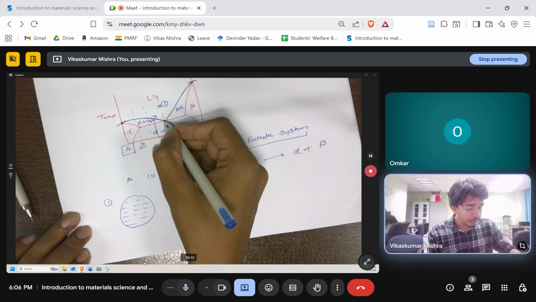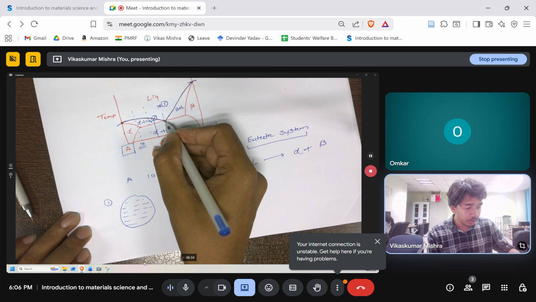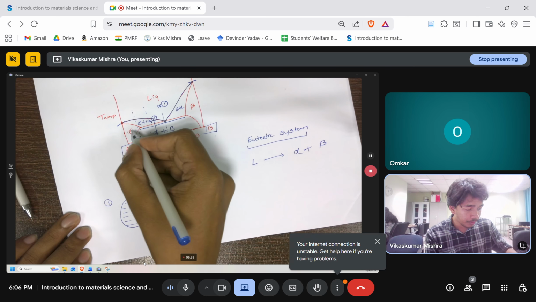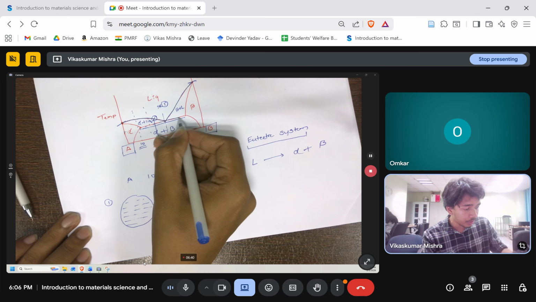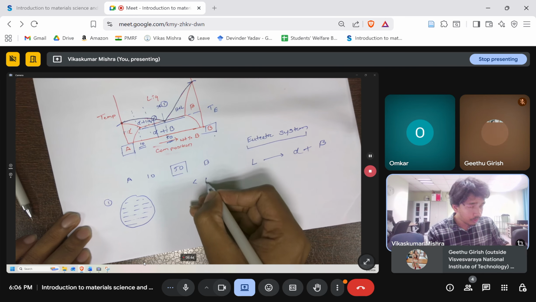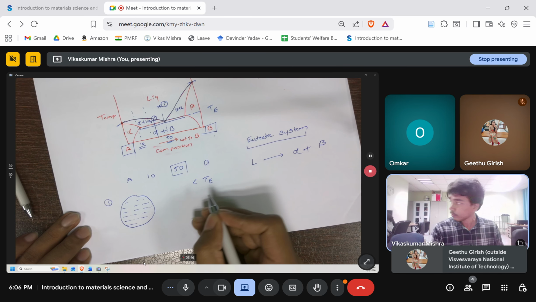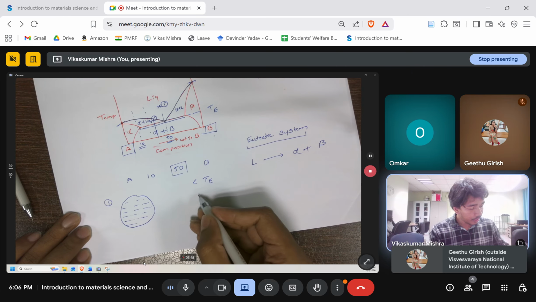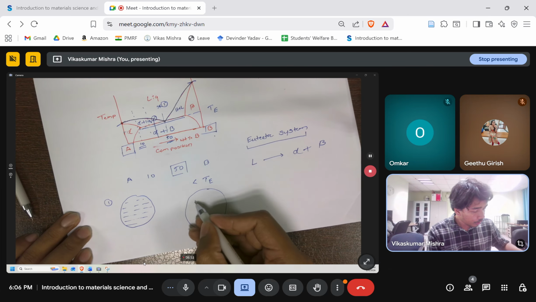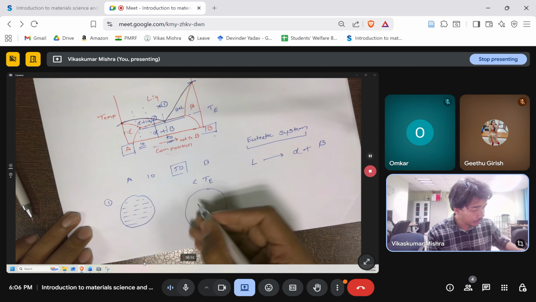Now once we came just below this particular temperature, let's say somewhere over here, just below the eutectic temperature, which I am denoting as TE, the phase will transform to the alpha and beta phase.